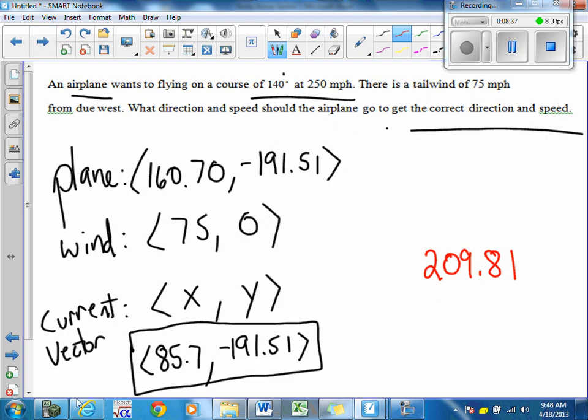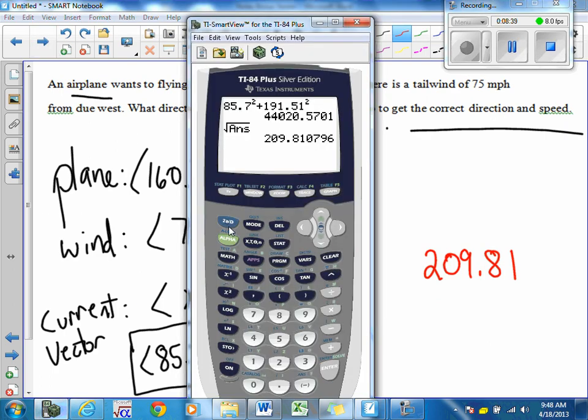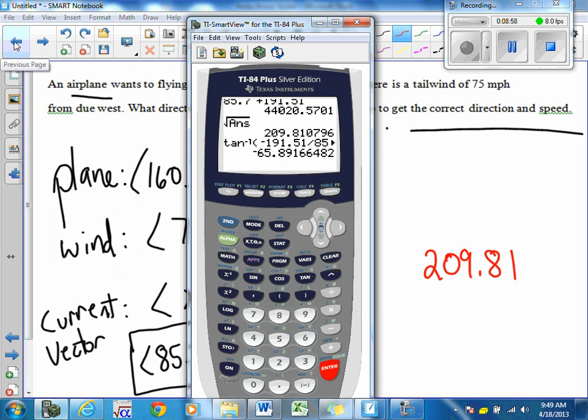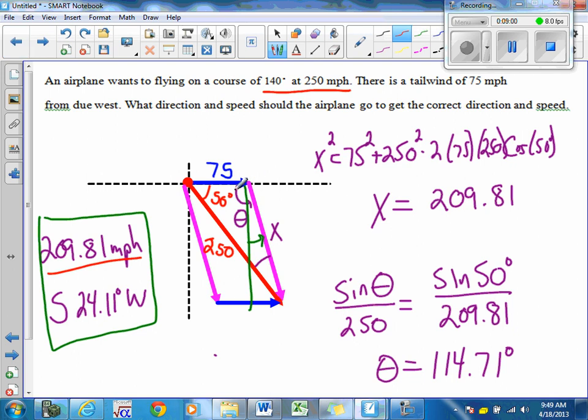Now, if we wanted to find our direction, we could do inverse tangent of negative 191.51 divided by 85.7. That gives us our negative 65. That is our answer right here, negative 65.